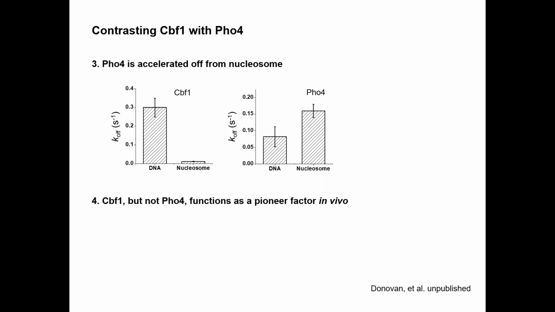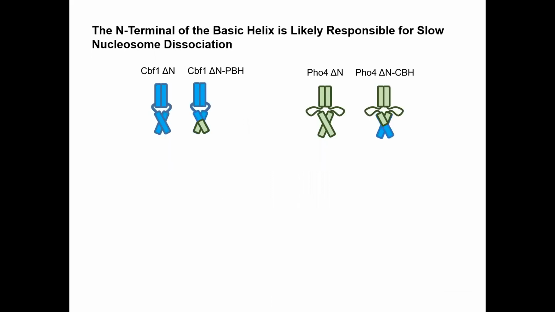So that gives us a chance of making hybrids between these two proteins to see if we can morph one protein into another. We tried different things, and one thing that worked out is when we swapped this N-terminal bit of the basic helix.